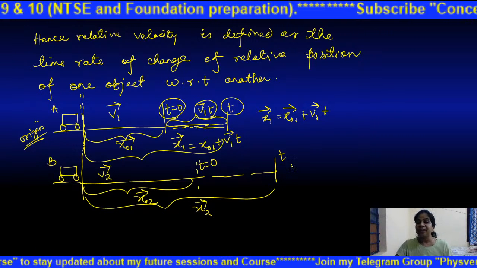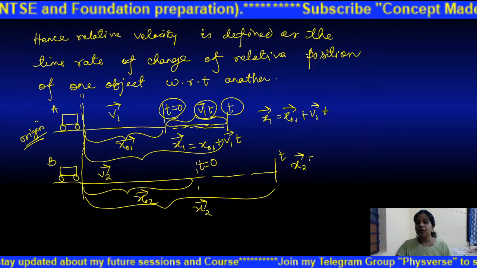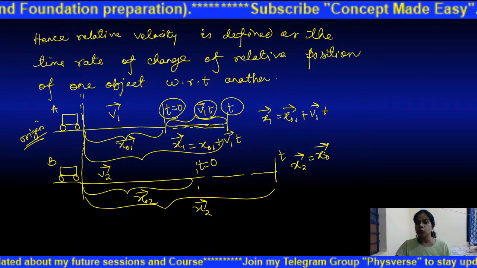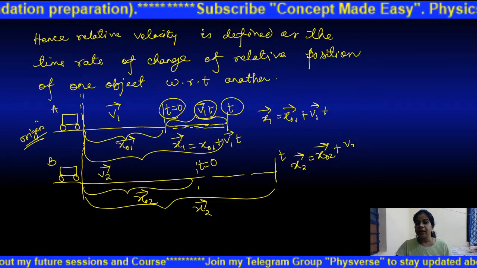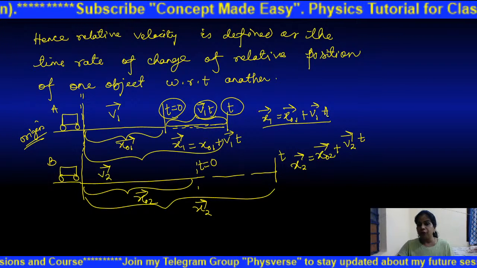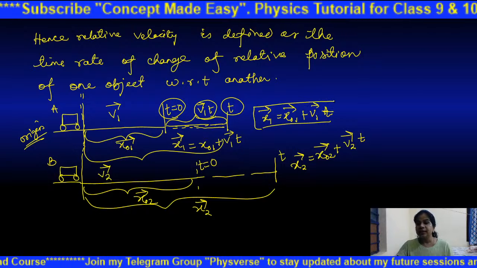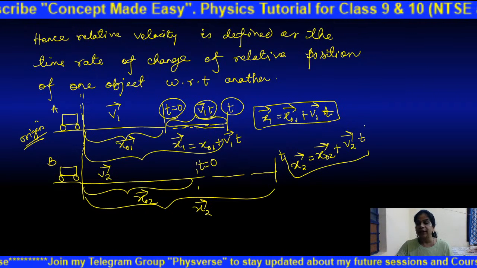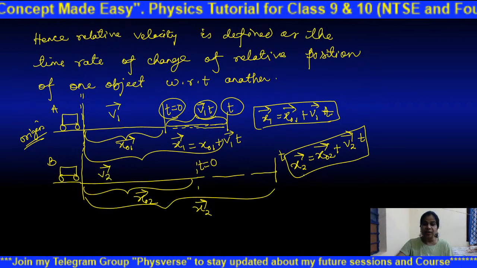Then I can write x2 vector is equal to x02 vector plus v2 vector multiplied with t. So this is the expression of x1 vector, this is the expression of x2 vector, and both are displacement vectors.